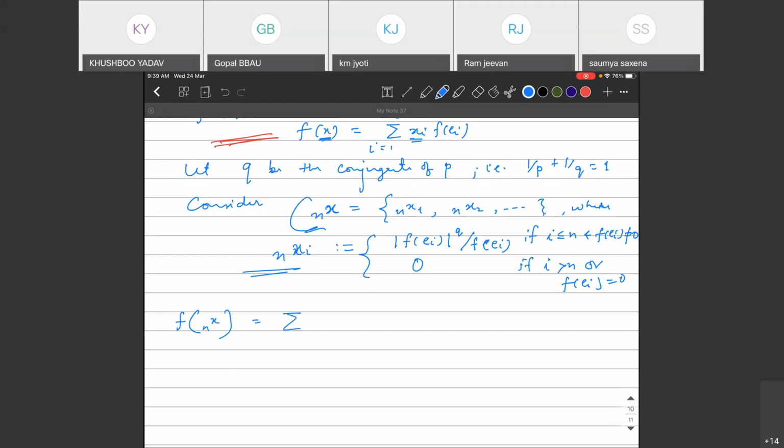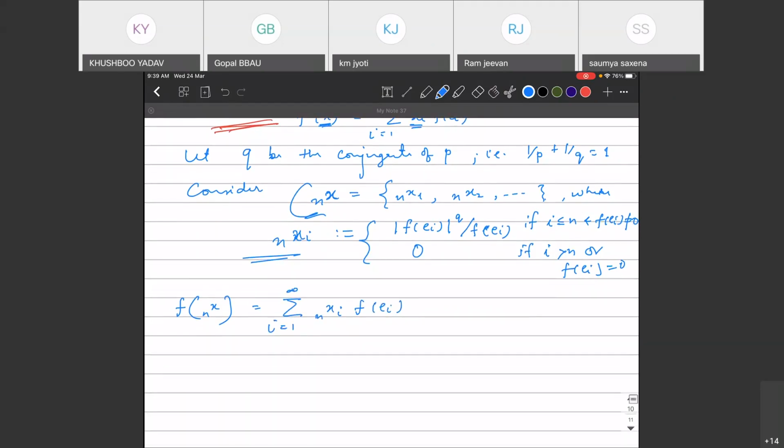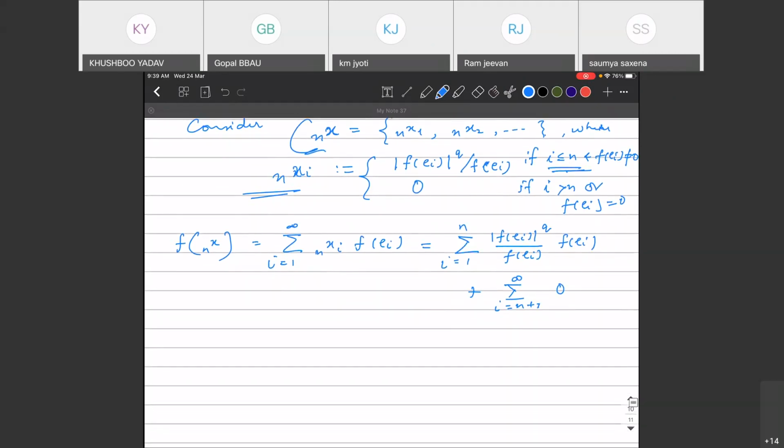So this will be summation i from 1 to infinity nxi f of ei. But you know what is nxi? For 1 to n, these are mod f(ei) to the power q by f(ei), and from n plus 1 to infinity, this is 0. So you are getting mod f(ei) to the power q.